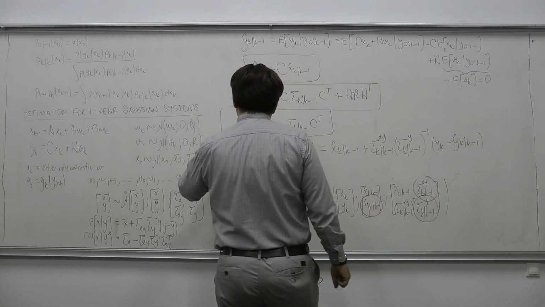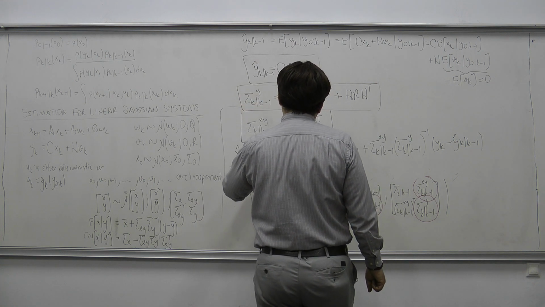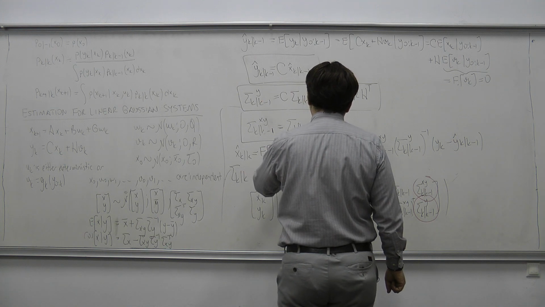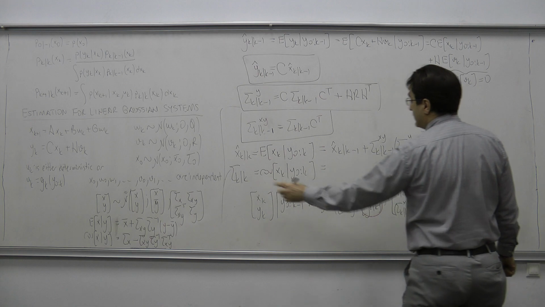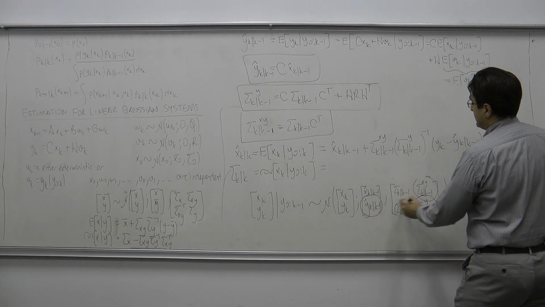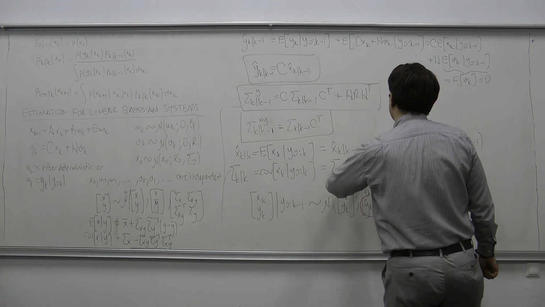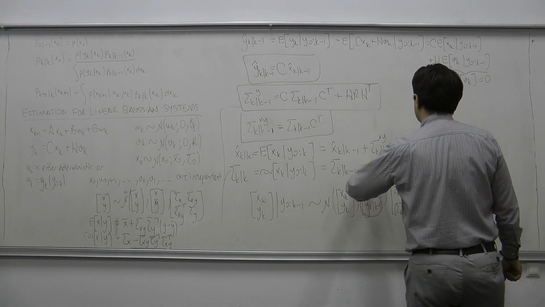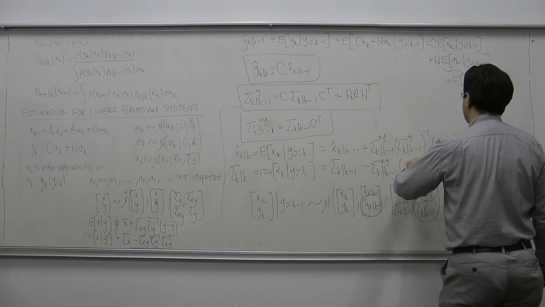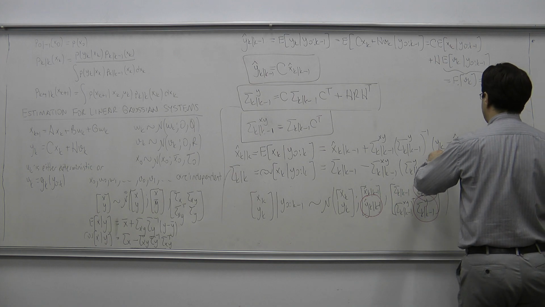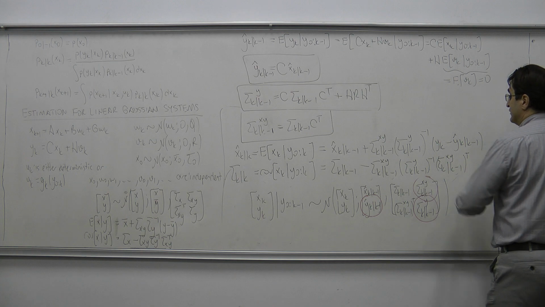And what about sigma k given k? This is going to be the covariance of xk given y0 to k. I would use the conditional covariance formula in that case. It's going to be the marginal x covariance, sigma k given k minus 1, minus sigma k given k minus 1 xy, sigma k given k minus 1 y inverse times sigma k given k minus 1 xy transpose.